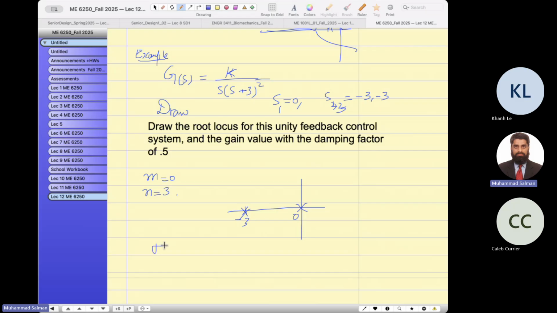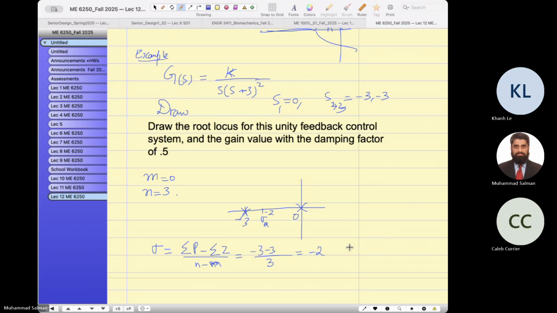And sigma equals the summation of poles minus summation of zeros divided by n minus m, where n is 3. Okay, in our case this is -6 divided by 3, so our location of the centroid is -2. Agreed? So now what is the angle?